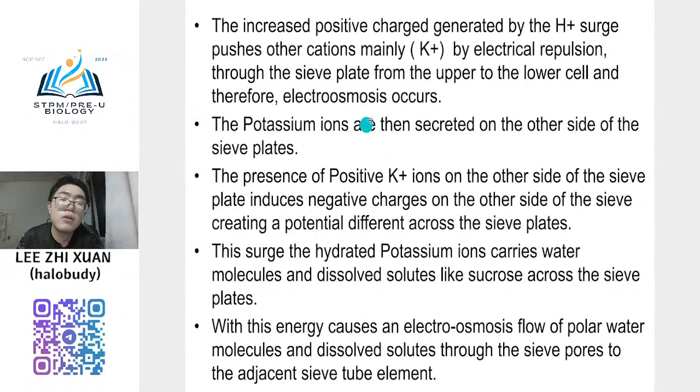This increased positive charge pushes the other cations, mainly potassium ions, by electrical repulsion through the sieve plate from the upper to the lower cell, and therefore electro-osmosis will occur. The potassium ions are then secreted on the other side of the sieve plate, and the pressure of potassium ions on the other side induces a negative charge there.